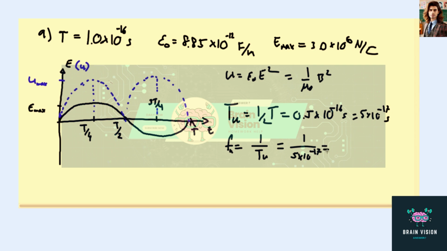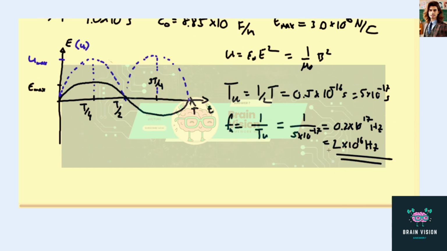This is 0.2 times 10 to the 17 hertz, which is equal to 2 times 10 to the 16 hertz. So this is the frequency of the oscillation of the energy density stored in the electric field of the radiation.